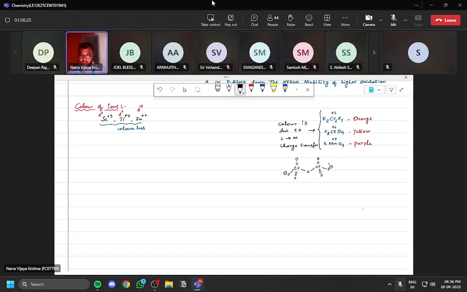K plus, here also K plus. Is it K2Cr2O7 or not? Right? +6 state, +6 state. Both are tetrahedral. Hybridization of chromium is sp3. K2CrO4 also the same.